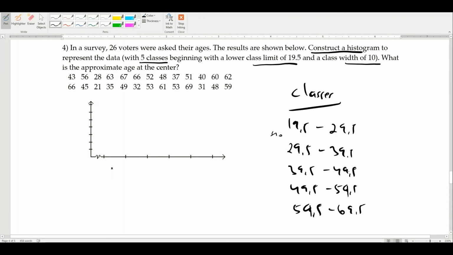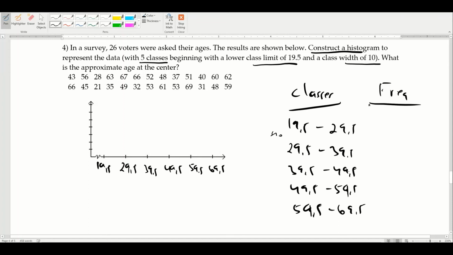The reason is because I want to start with 19.5, and then that one's going to be 29.5, and then 39.5, 49.5, 59.5, and 69.5. So this 29.5 is being shared with 2 different bars, so that's why I have that there. It's being shared. And then you want to do the frequencies.